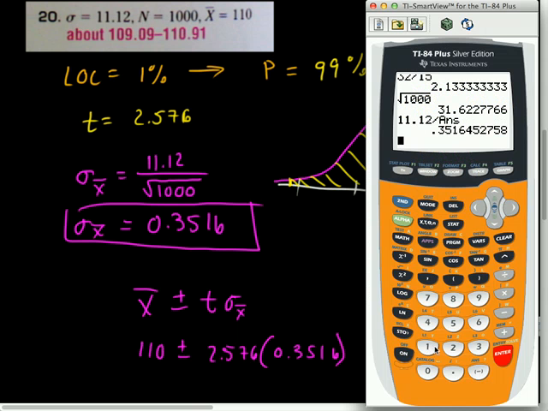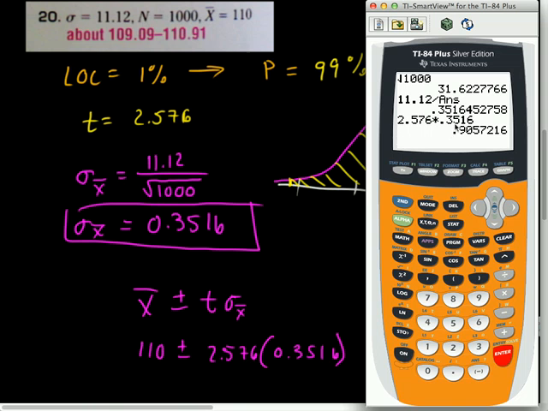So let's go back to the old calculator. 2.576 times 0.3516. Sometimes the buttons are a little unresponsive. Enter.